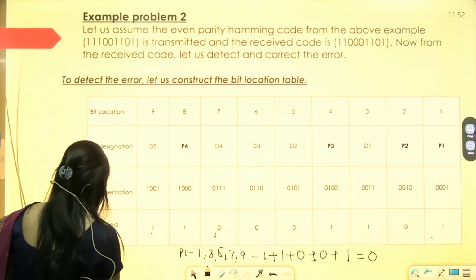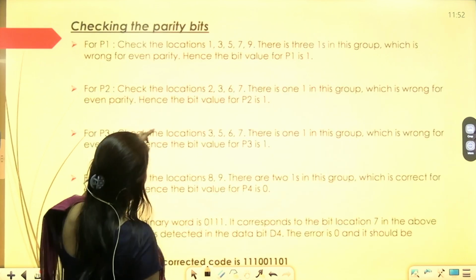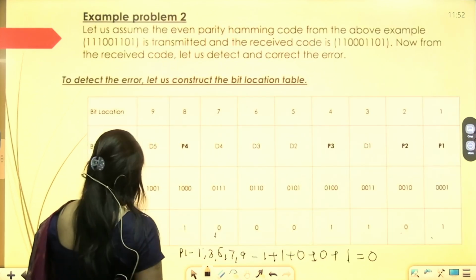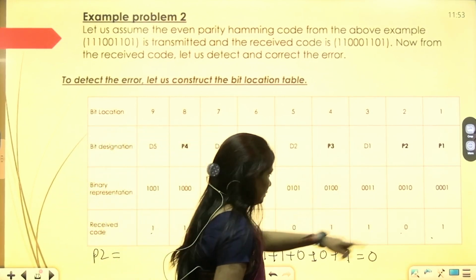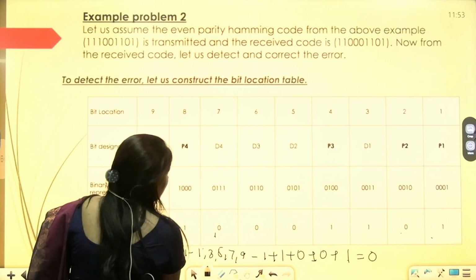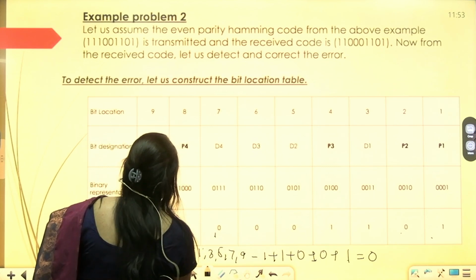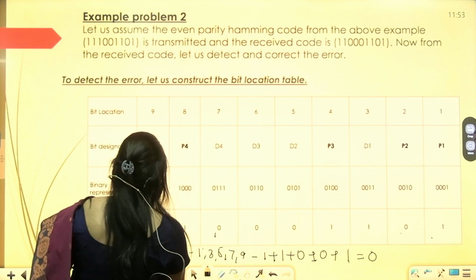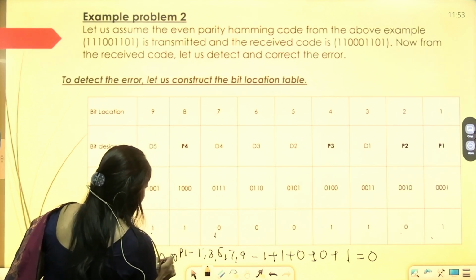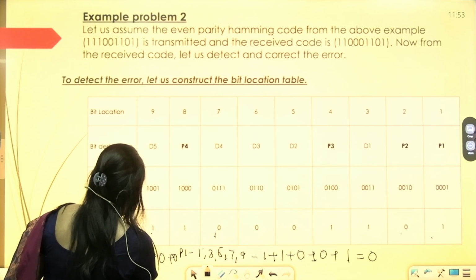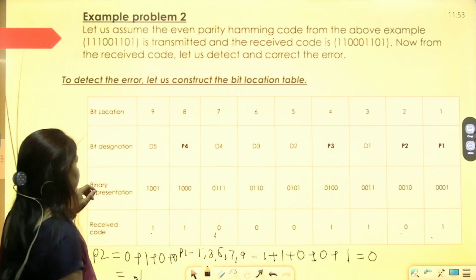Next, P2. P2 covers 2, 3, 6, 7. The values are 2, 0, 3, 1, 6, 0, 7, 0. If the number of ones is odd, then the parity bit is 1.